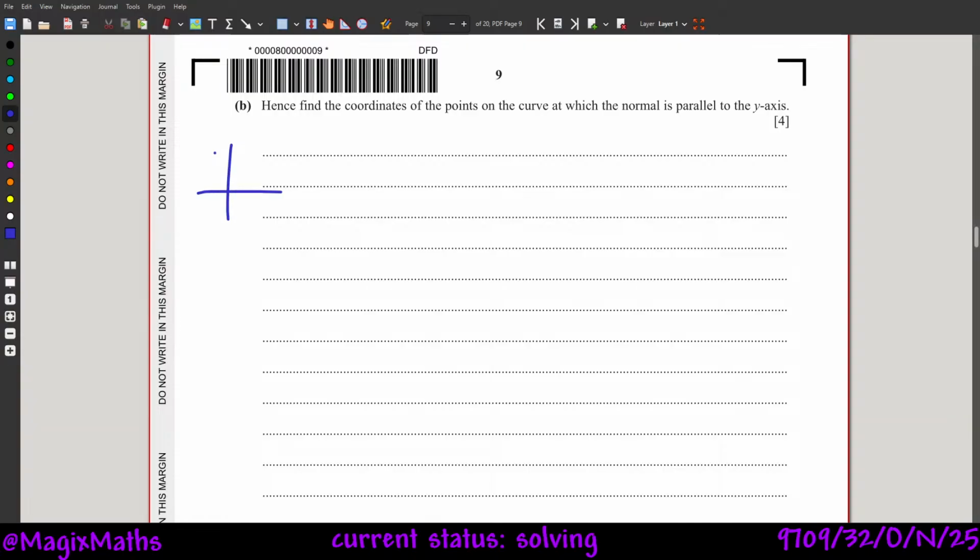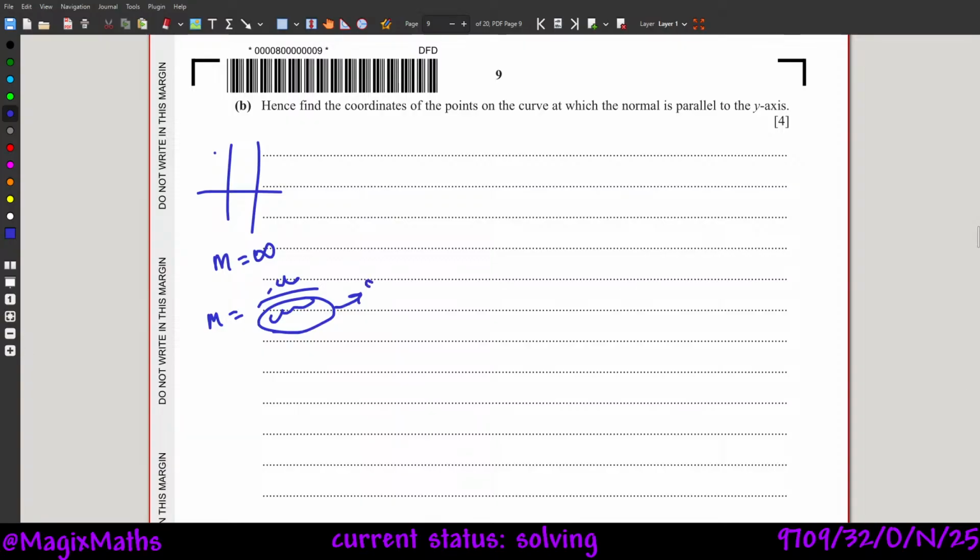Visualizing this, when it says normal is parallel to the y-axis, means that the gradient is infinity, something divided by something, so the denominator should be equals to 0. So let's try to do that.